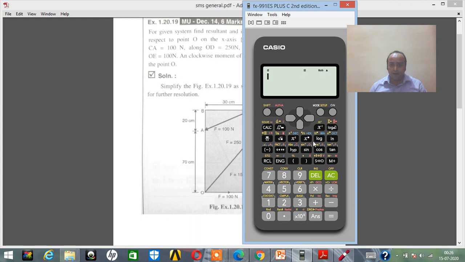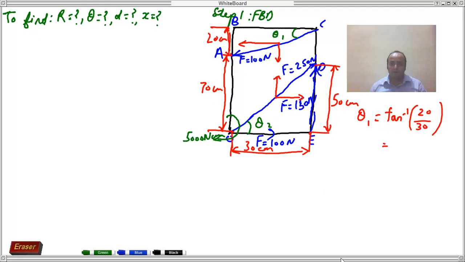So it will be tan inverse of 20 divided by 30, which is equal to 33.69 degrees. So friends, I can write it over here like this, 33.69 degrees.